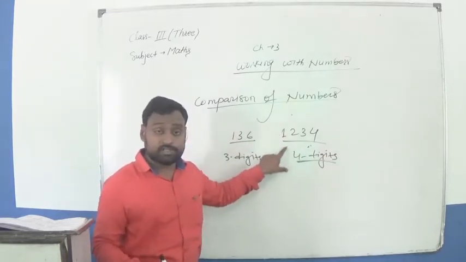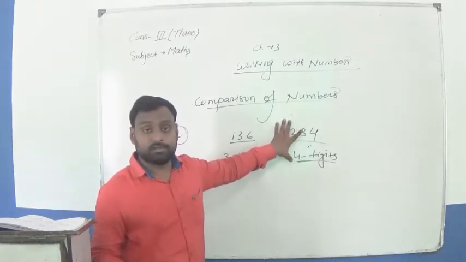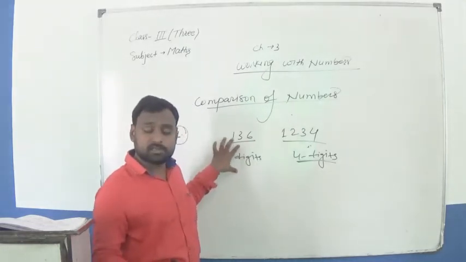The greater number of digits represents the greater number. Less number of digits represents the less number.